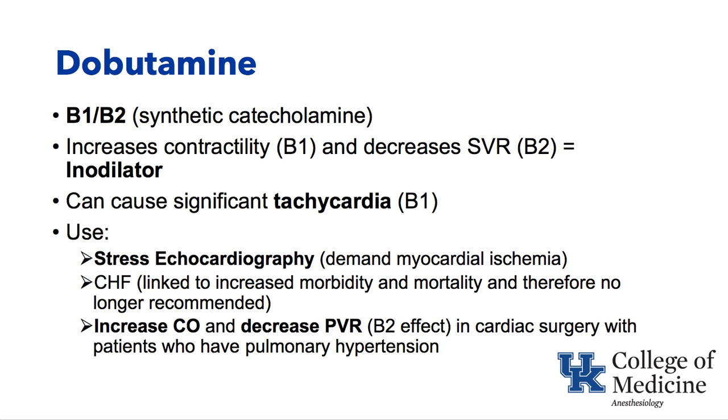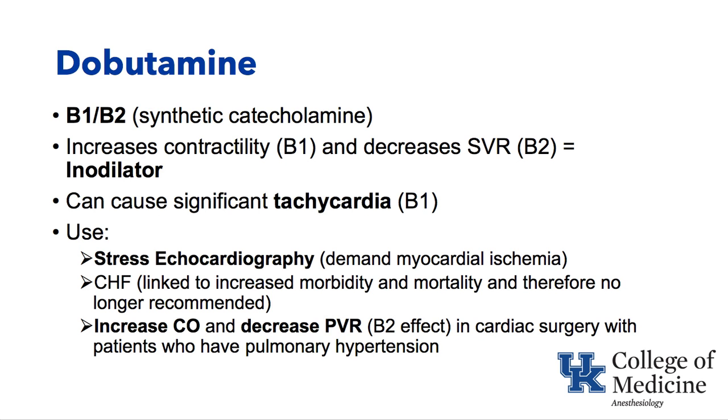So dobutamine is often termed an inodilator, because of the increased inotropy, and dilator because it decreases the vascular resistance. Starting dobutamine can result in significant tachycardia via beta 1 agonism.